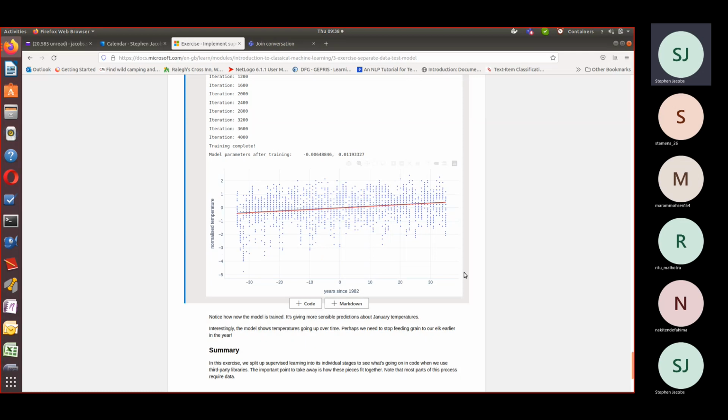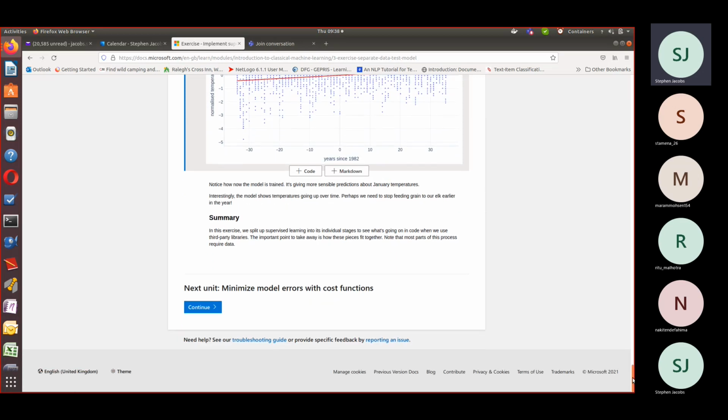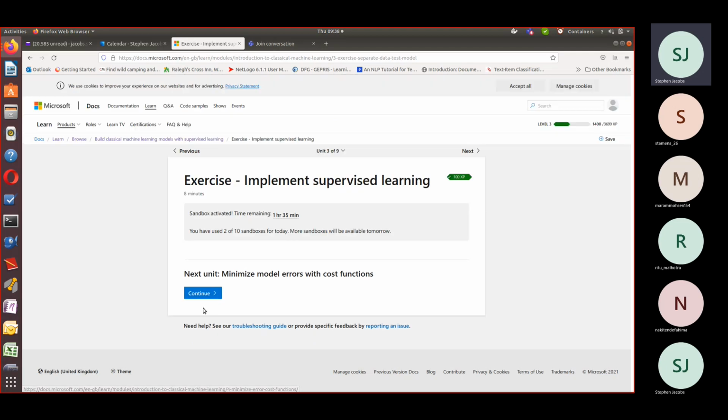Okay, so that's looking at the graph. We'll look at that a bit more in detail later, but at the moment we did the summary there. We split up the data, and now we're going to look at minimizing the errors more with the cost function.